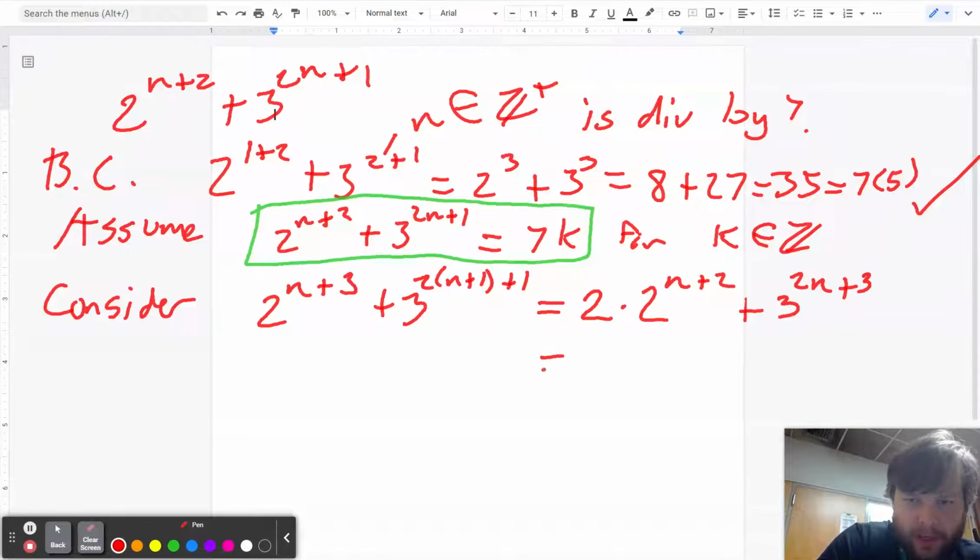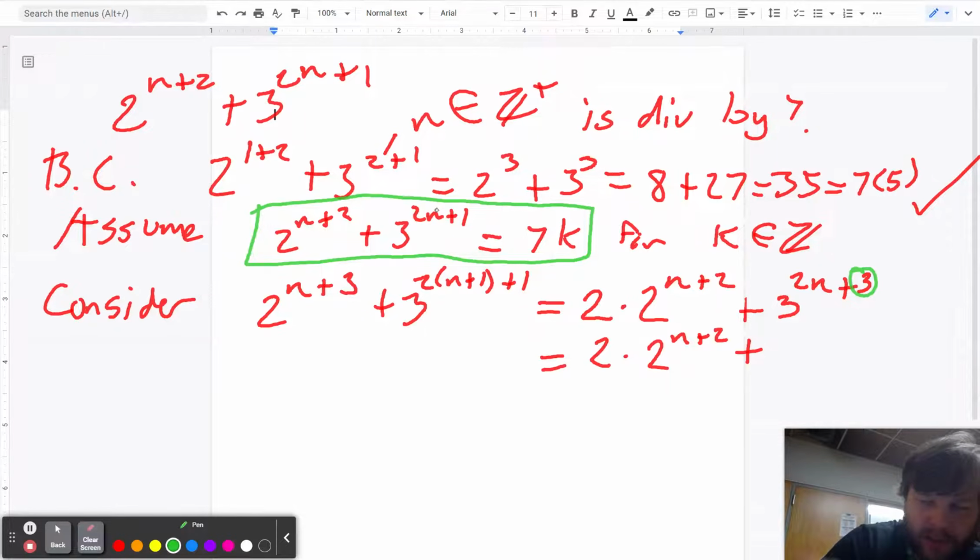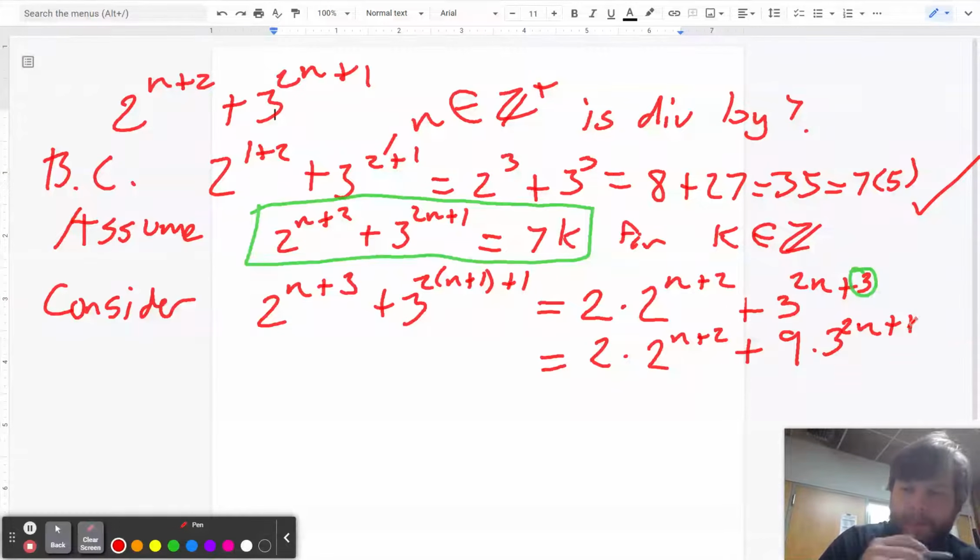And here I've got a 3 right here, and I want it to look like a 1. So that's like 2 extra powers of 3. So I'm going to draw down a 9, because 3 squared is 9. So I have 9 times 3 to the 2n plus 1, because I pulled out a 3 squared, so I still have a 1 left over.